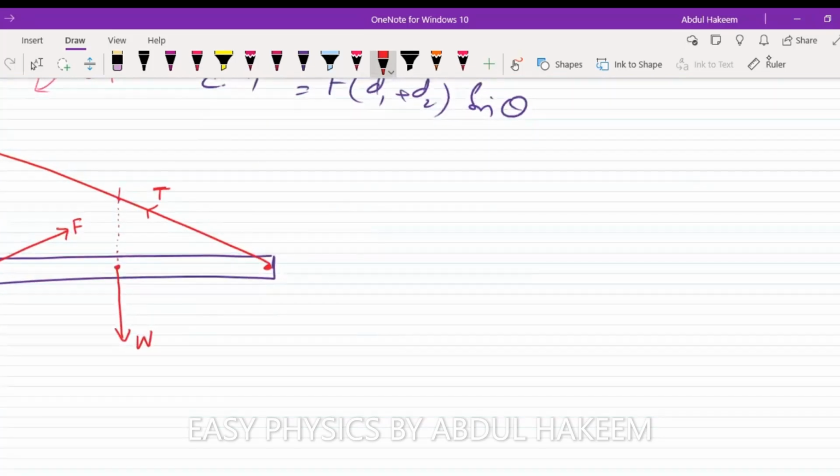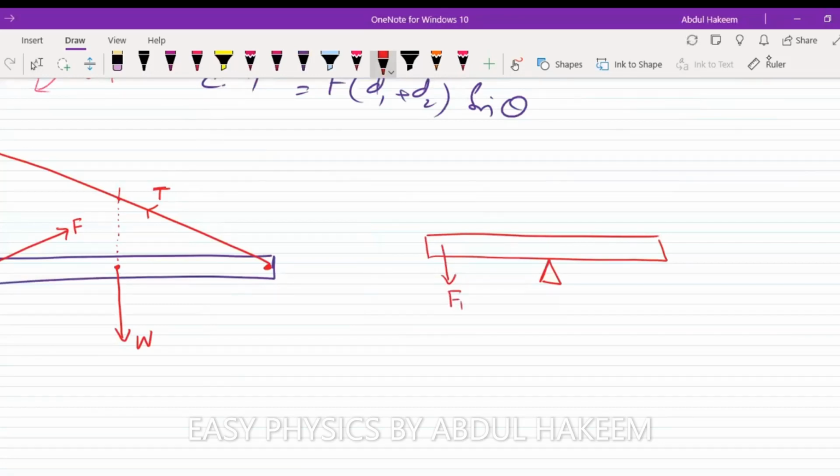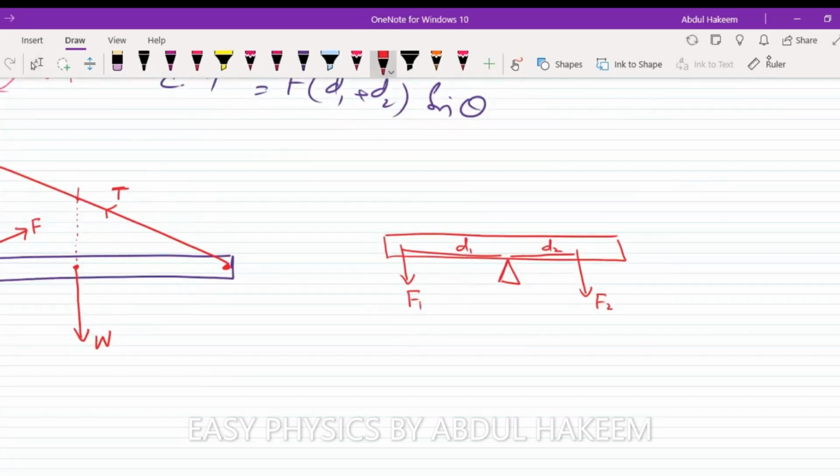But in this case, one force acting here, other force acting here, if the object is in equilibrium. Forces are different. Resultant torque 0, distances will be different. So the relation between force and distance is this, both are inversely proportional. Larger the force, smaller the distance from the pivot.